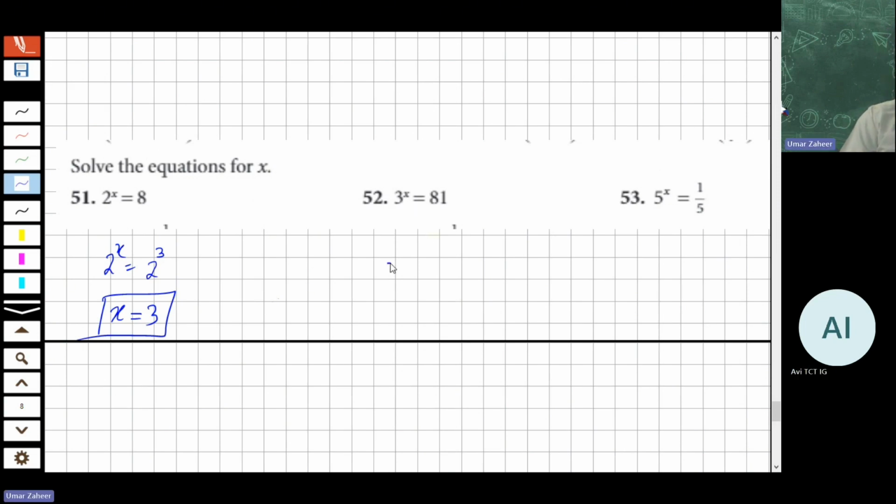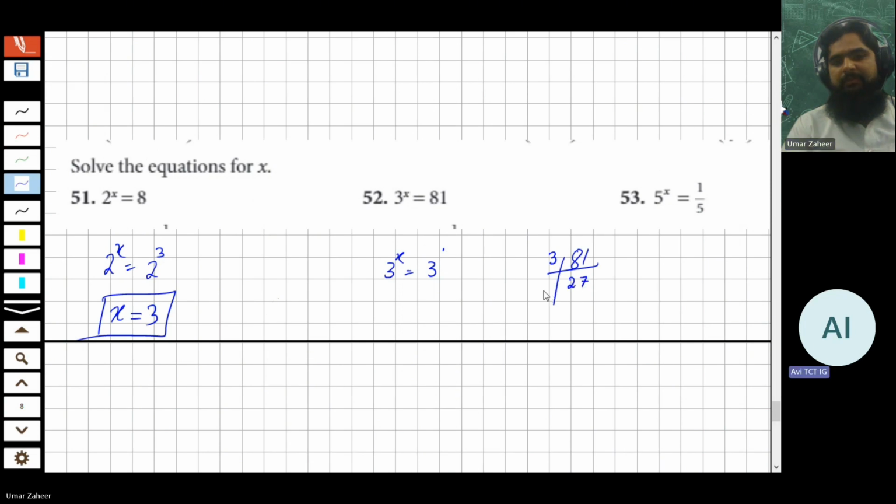3 raised to power x is equal to 81. Find the prime factors of 81 in your notebook. 3 times 27 is 81, 3 times 9 is 27, 3 times 3 is 9, 3 times 1 is 3.